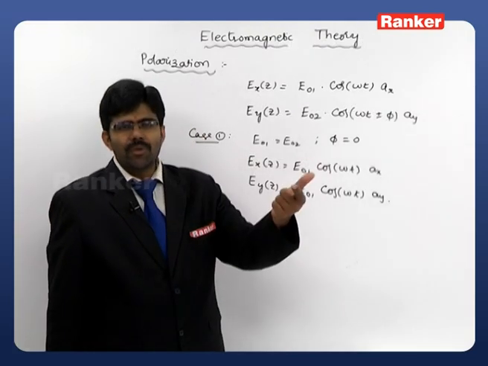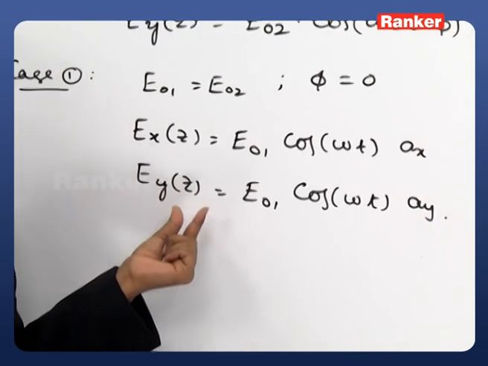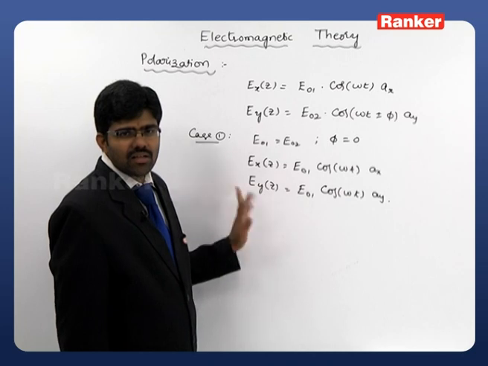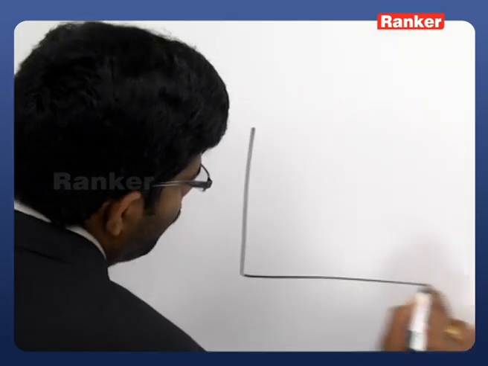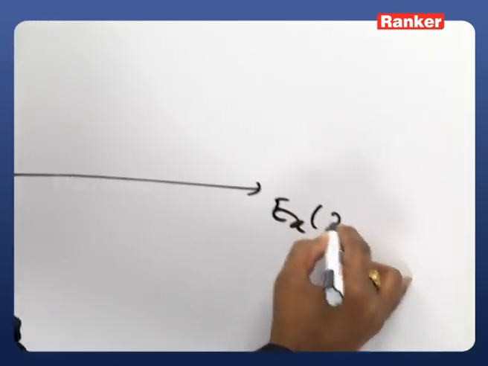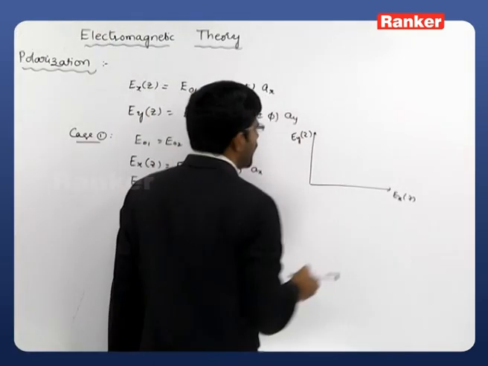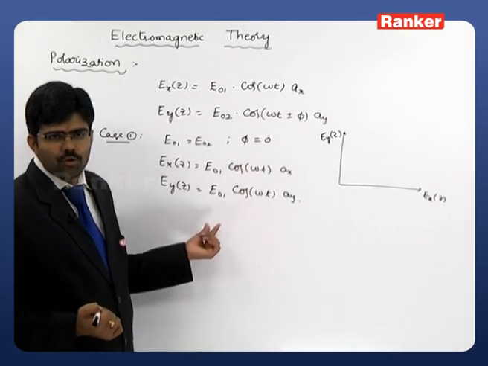So whatever amplitude we get for Ex of z, the same amplitude we get for Ey of z also. If you draw the graph between Ex of z and Ey of z by considering them on two axes like this, let us take this as Ex of z and this as Ey of z. By varying time, at every instant of time we are getting the same amplitude, right?